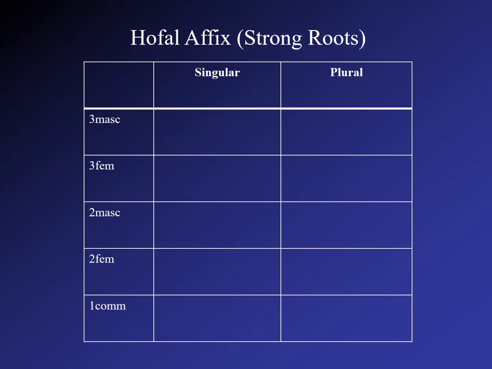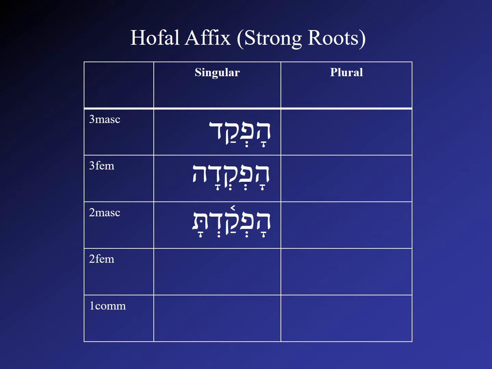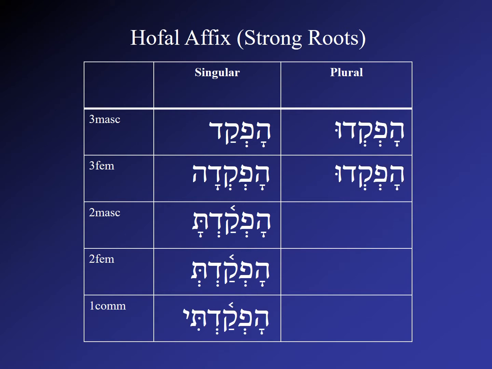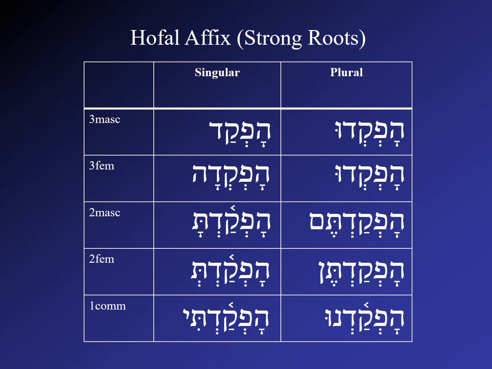Let's look at the Hofal forms of strong roots. Here's the affix, Hofkad. From here, the form is exactly what you would expect. Hofkad, Hofkada, Hofkadta, Hofkad, Hofkadti, Hofkadu, Hofkadu, Hofkadtem, Hofkadten, Hofkadnu. A couple of things to notice here. One is we have a hey preformative in every case, just like in the Hifil.